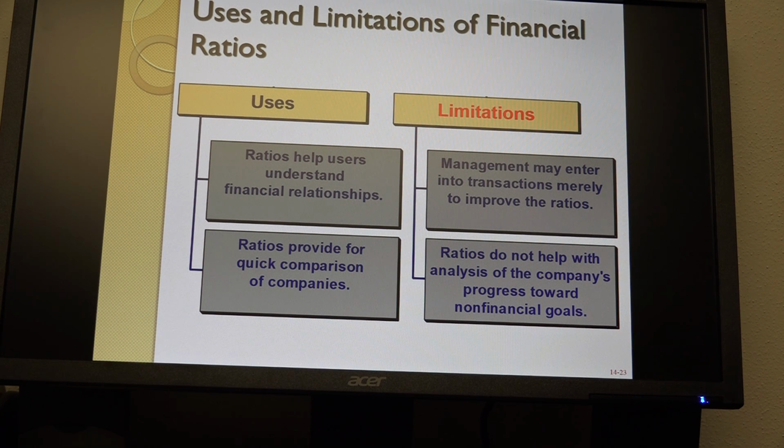Managers can enter into transactions merely to improve the ratios. Ratios do not help with analysis of the company's progress towards non-financial goals, okay? So these numbers, I think the main thing in there that you need to know is that sometimes these numbers can be manipulated.